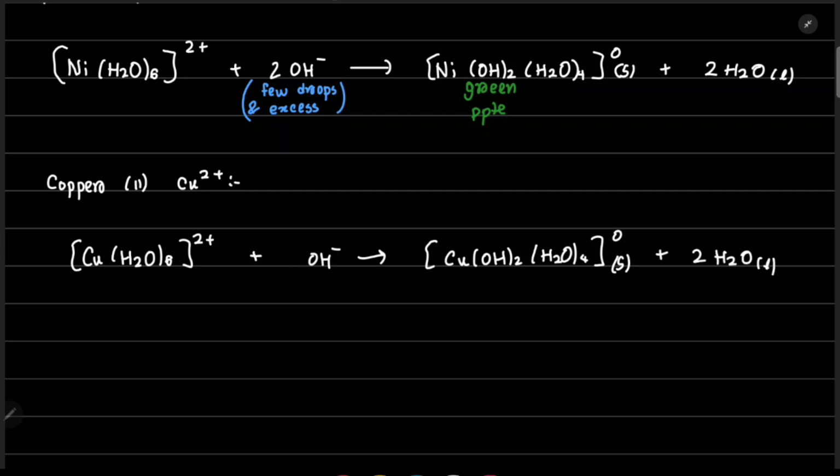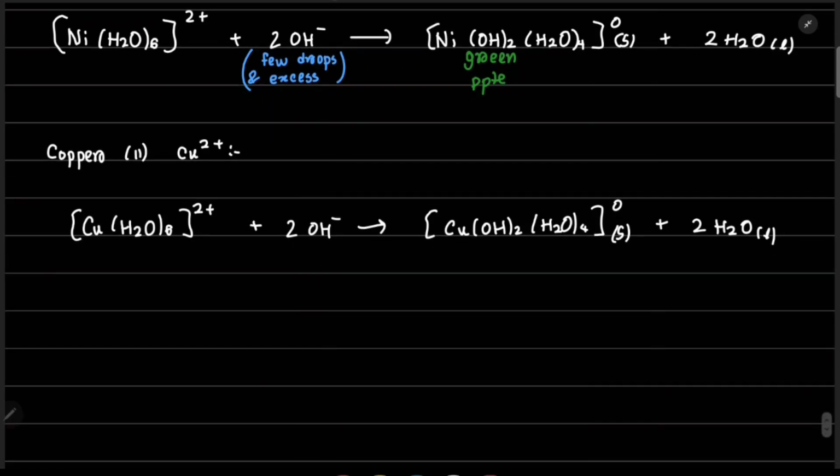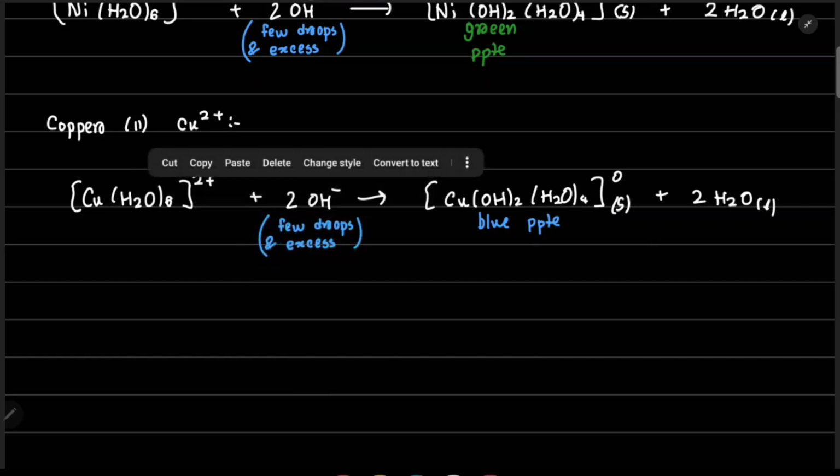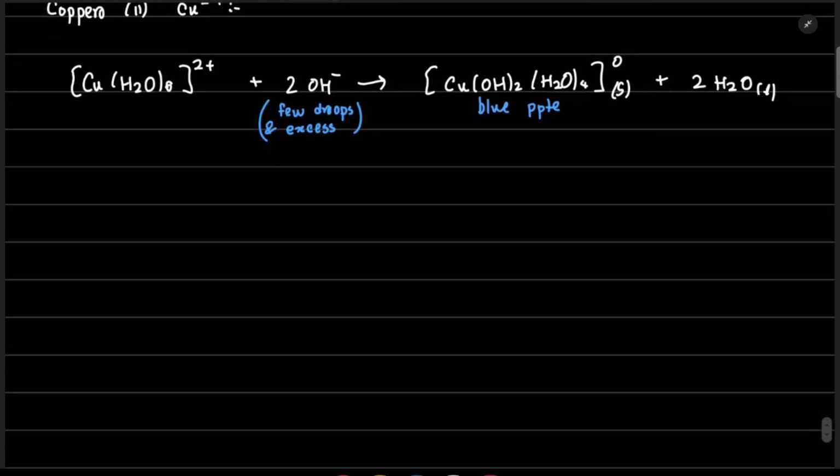So this is 2OH- over here. The color of this precipitate over here will be blue. So this is a blue precipitate. This is also the same case for few drops or excess.